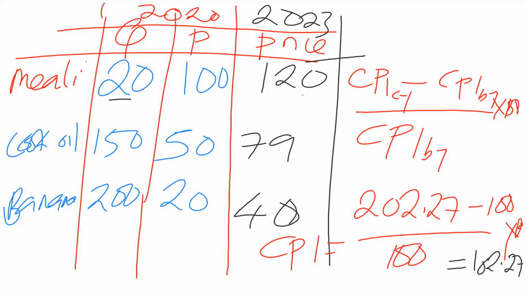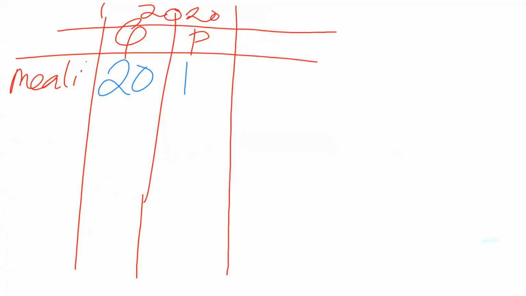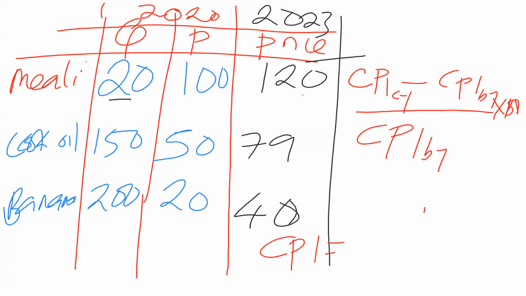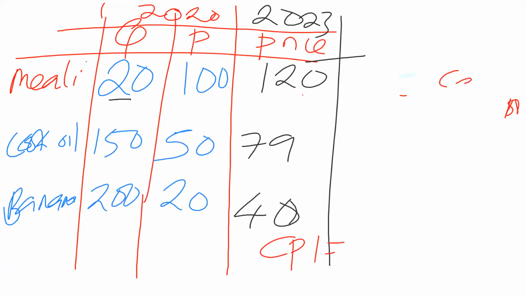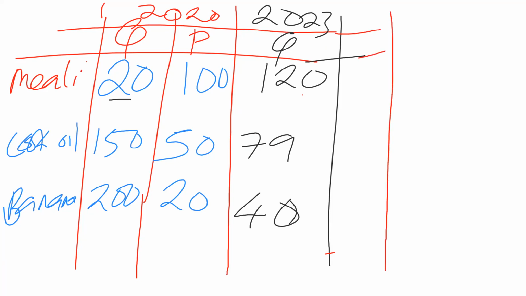Now, let me show you something about the GDPs. Let's restructure the question a bit, and now assume that these are quantities. Even quantities have changed in the base year. See the quantities changing. Let's say these are quantities for 2023, and let's have the new prices for 2023.